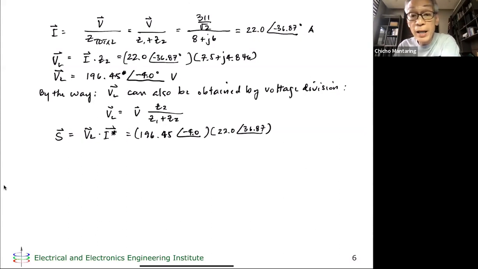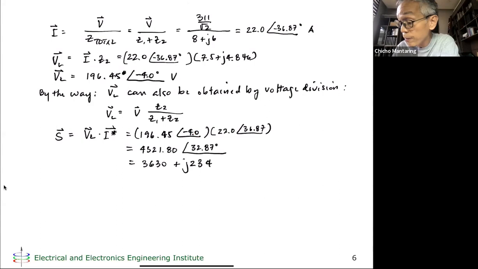And if I do that, this is going to be equal to 4321.8 at an angle, well, you can see the angle, you just subtract 4 degrees from 36.87. So this is going to be 32.87 degrees, which will give me 3630 plus j2346.